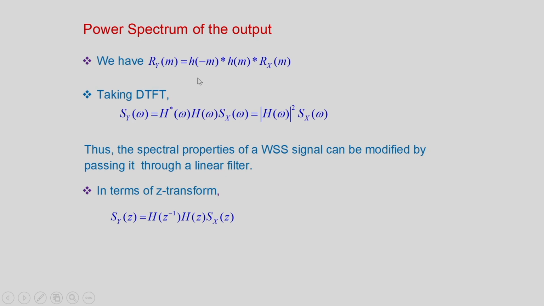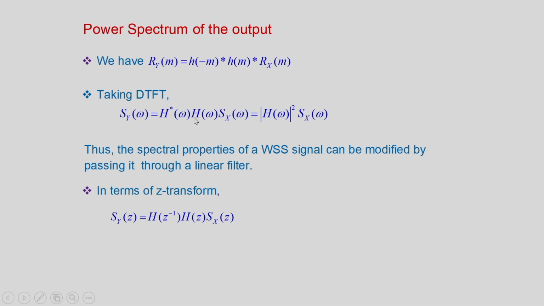That will be equal to, now h(-m), if we take the DTFT, that will be H*(omega), complex conjugate of H(omega), into H(omega) into Sx(omega), PSD of x(n). Because convolution in the time domain is multiplication in the frequency domain, we get this result.